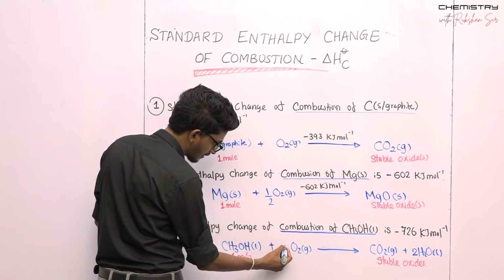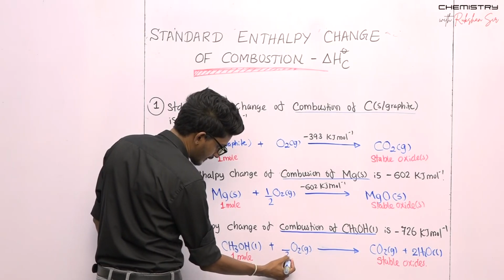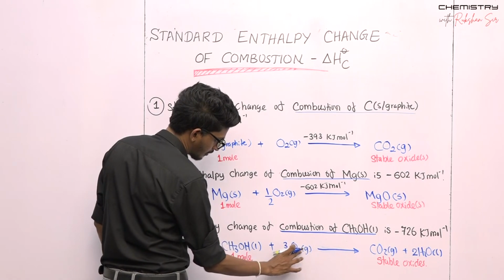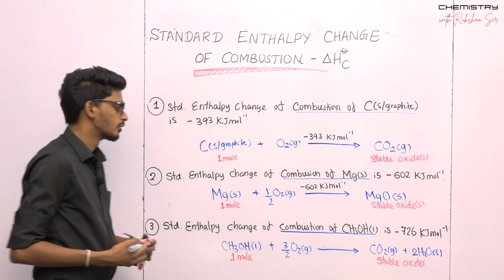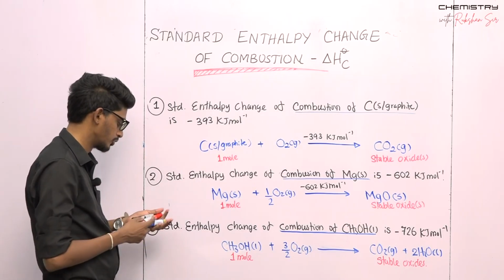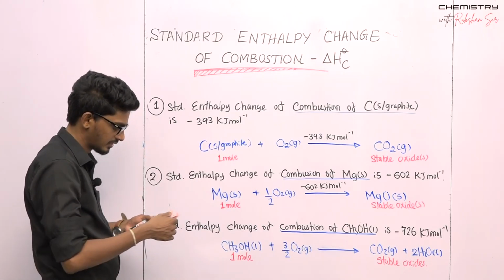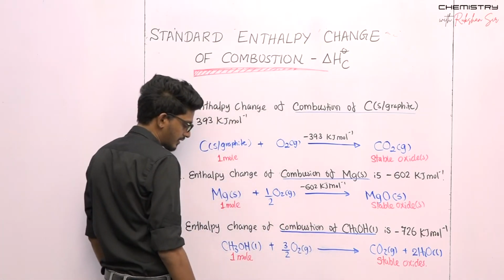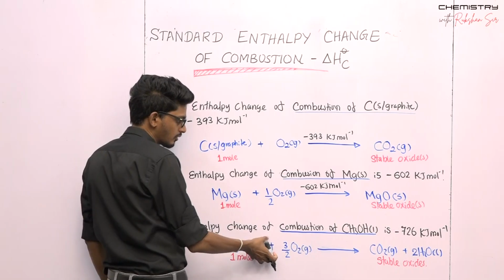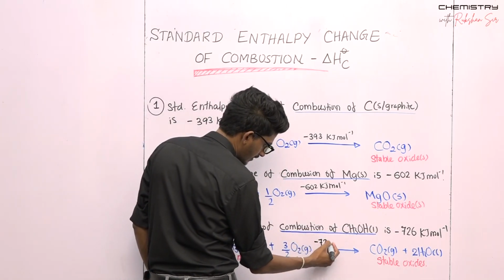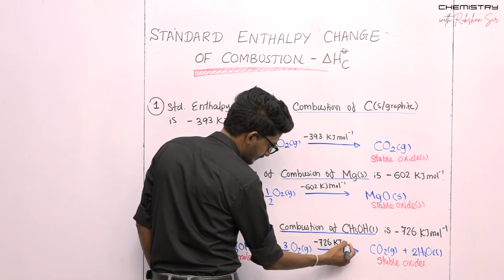To represent 3 oxygens, you have to write 3 over 2 O2, so those will cancel off to give you the 3 oxygens, right? So that is how we are supposed to do the mass balancing with this equation. The energy change involved when changing this state to here is minus 726 kilojoules per mole.